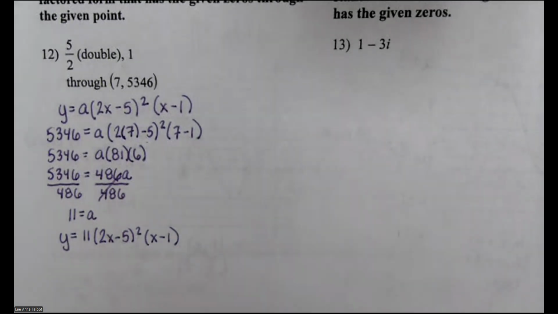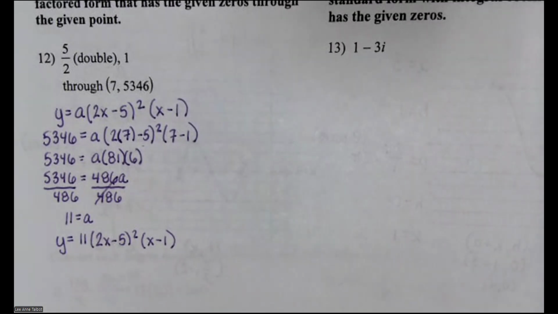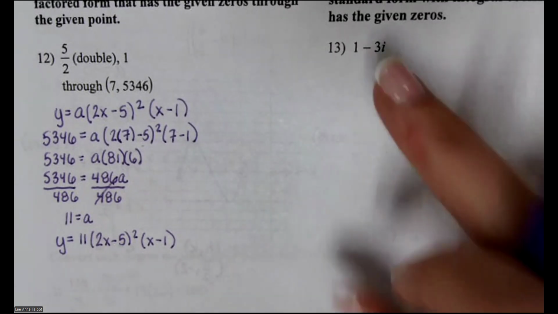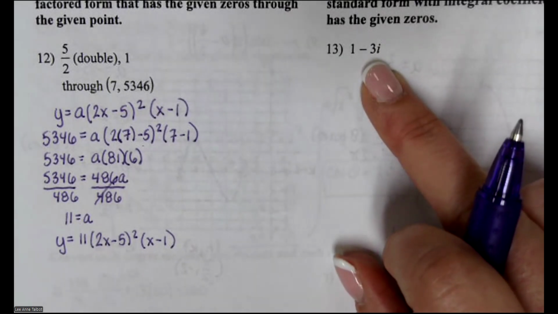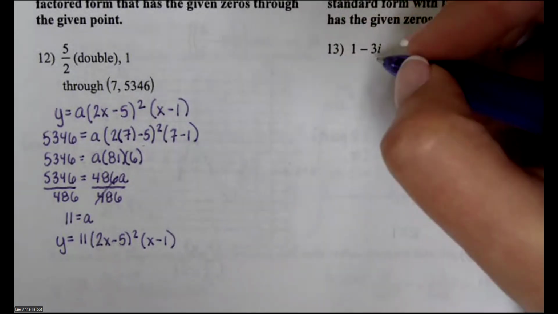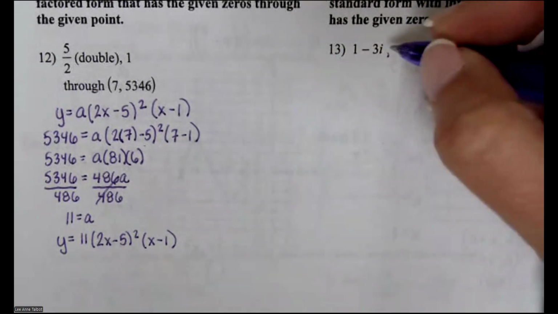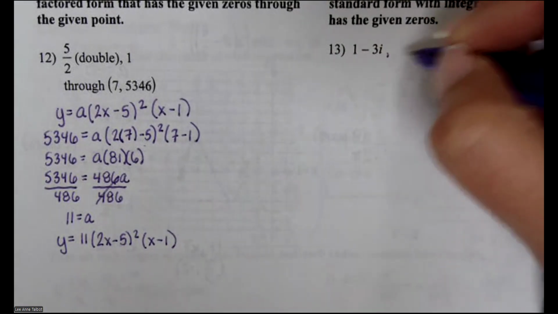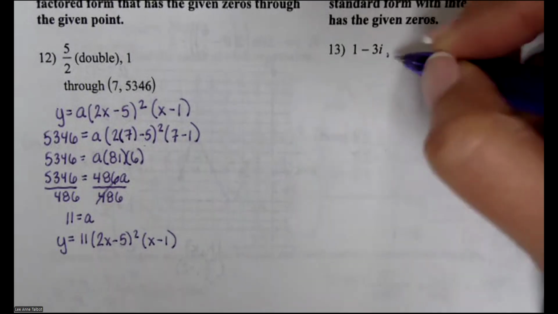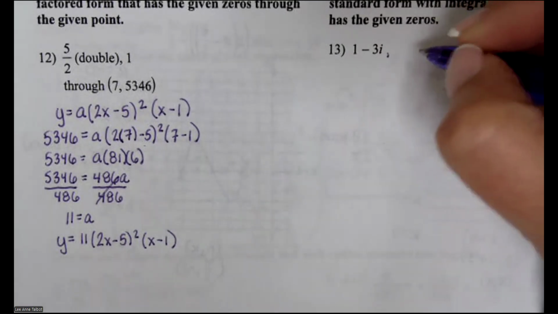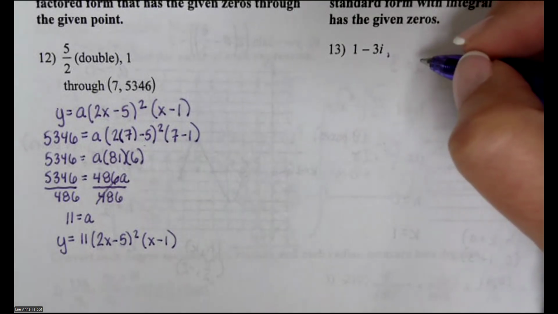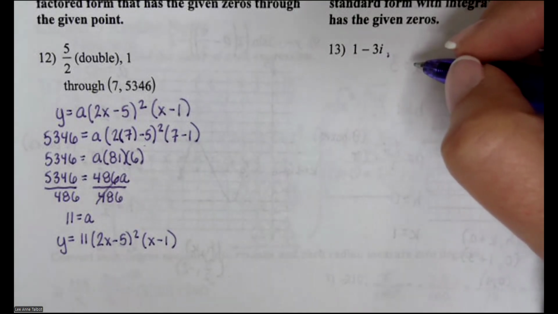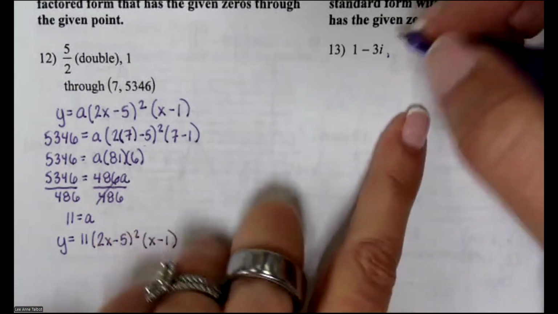Standard form with an i. What do I do when I have one root that has an i in it? What do I do? I need to remember something. The conjugate, right?